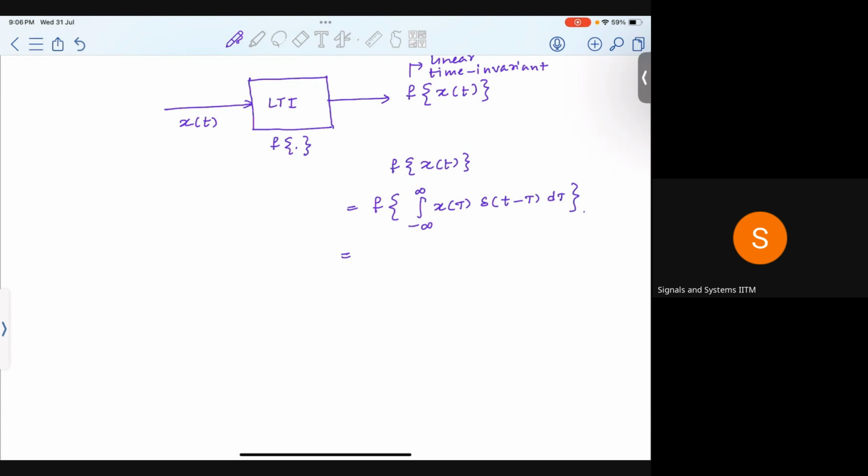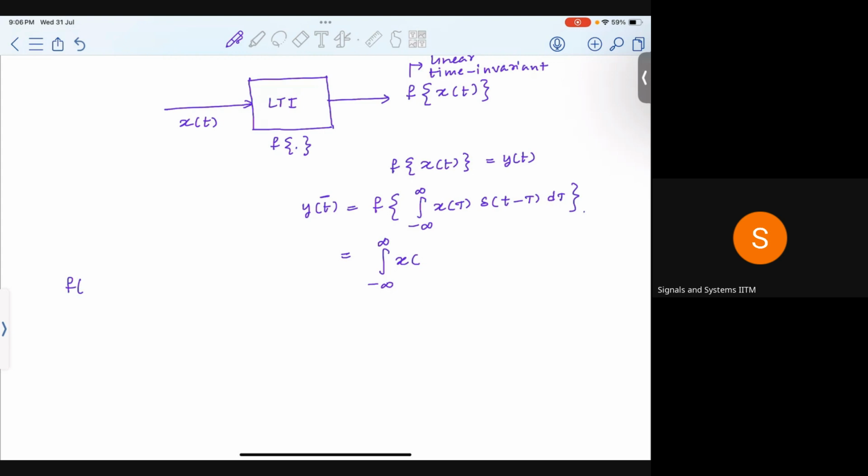When we say linear, this f function can be taken inside the summation, and this is your output signal y of t. We are looking in the t domain, so the tau values will be constants.